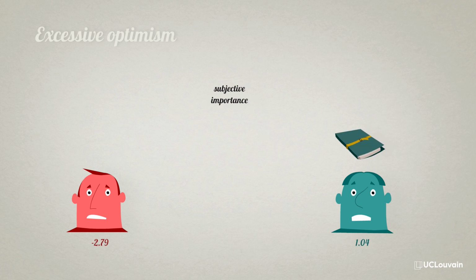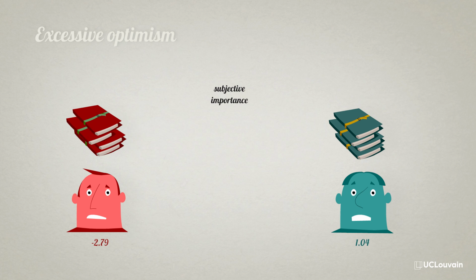Plaintiffs perceive that there are more elements in their favor than defendants, and the reverse is true for defendants. When we take into consideration the importance of the arguments put forward, it is the same thing. The plaintiffs feel that the elements that plead in their favor are clearly more important, and the opposite occurs for the defendants.